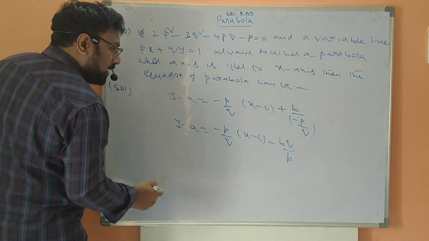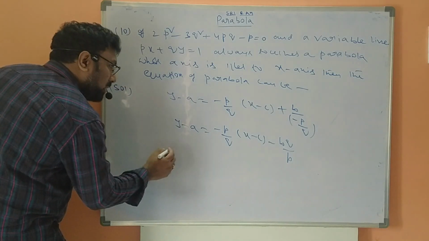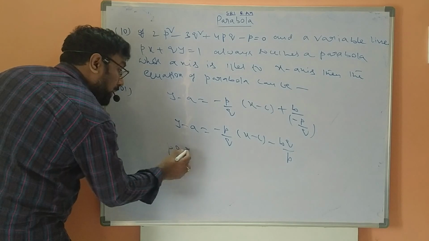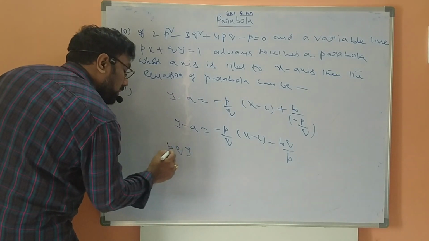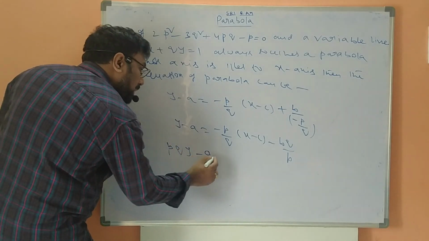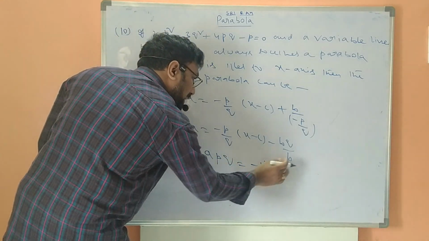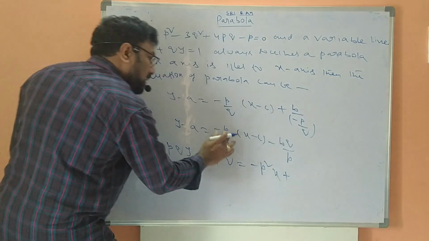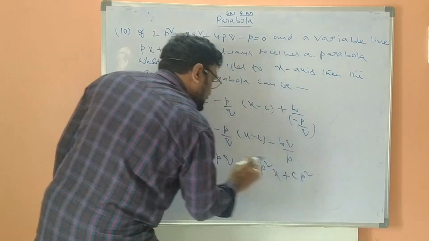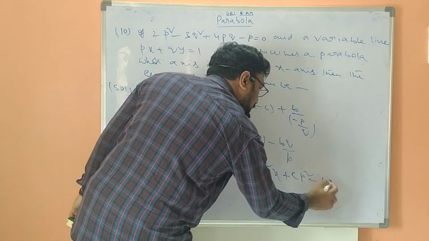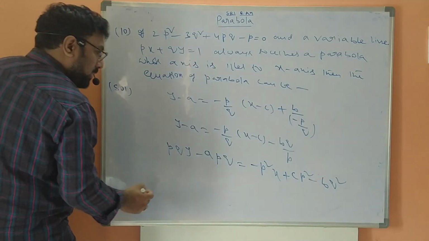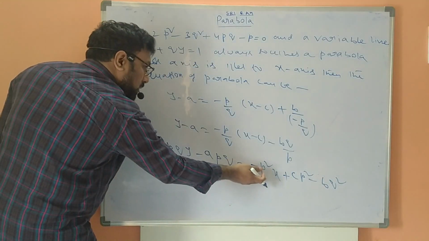Now by taking LCM and cross multiplication, we are getting pqy minus apq equal to minus p square x plus cp square minus bq square. Now bring this minus p square x to the left side.